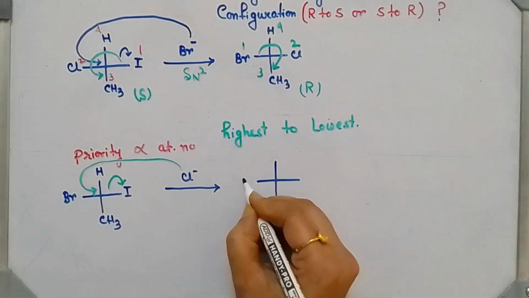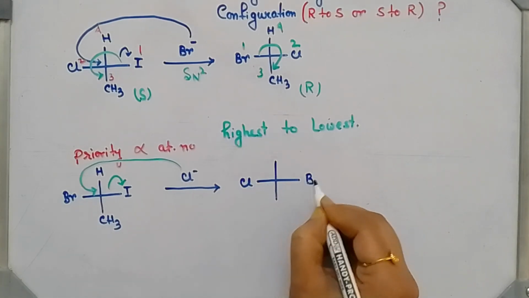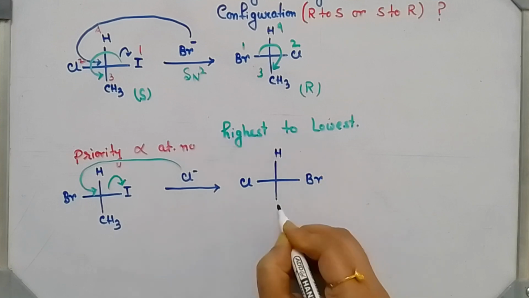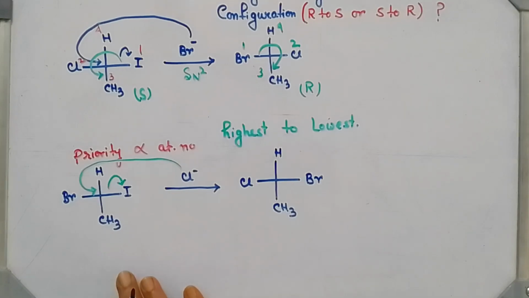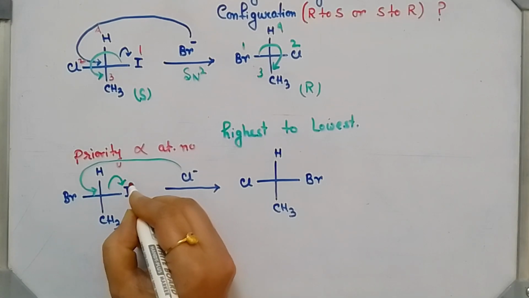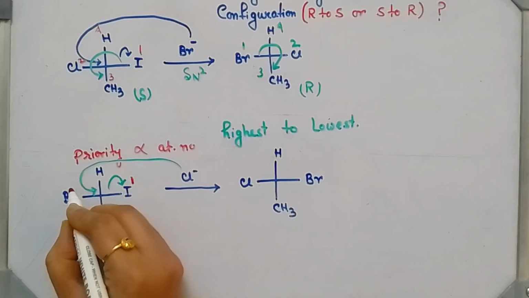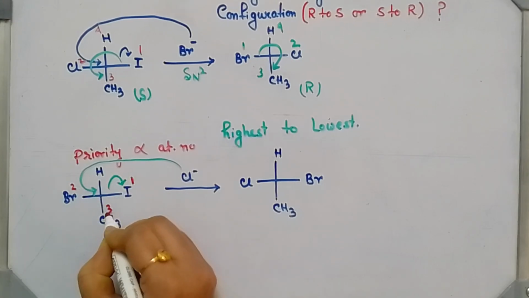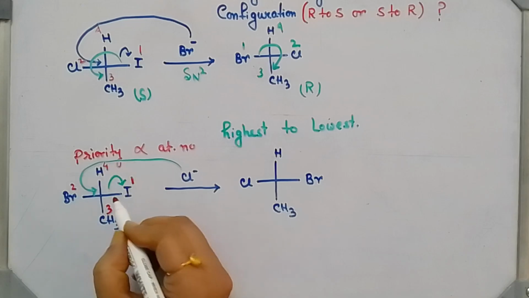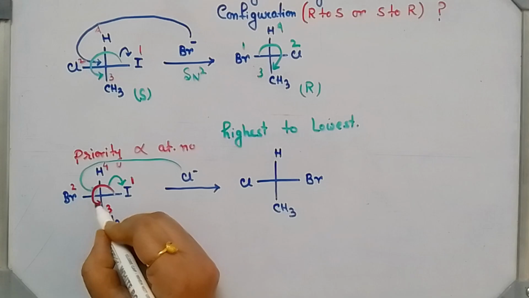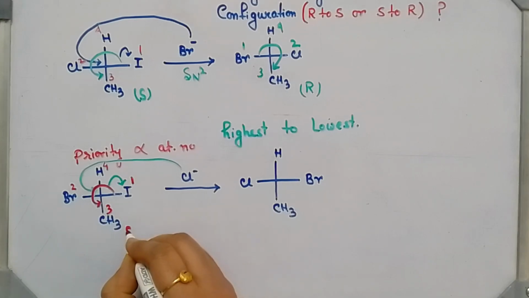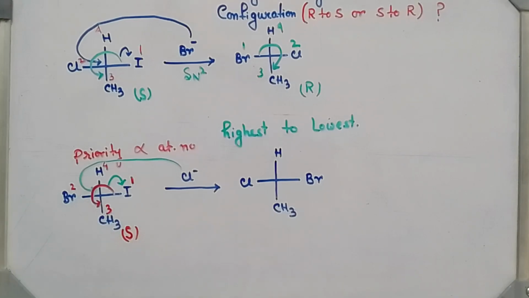Here you will get Cl, here Br, here H, here CH3. Now we have to find out its absolute configuration. Here this has the highest priority, then this, then this. This is the fourth one. Now you go from highest priority to lowest priority. This is anti-clockwise, meaning its absolute configuration is S.